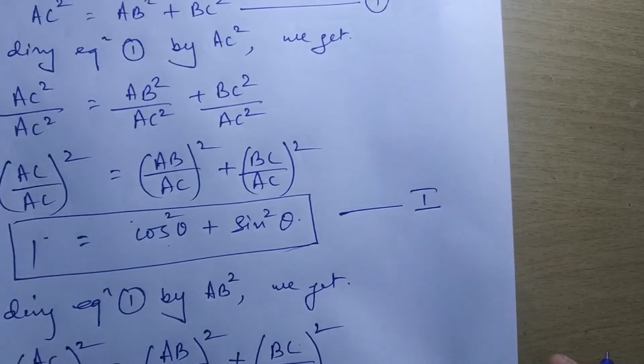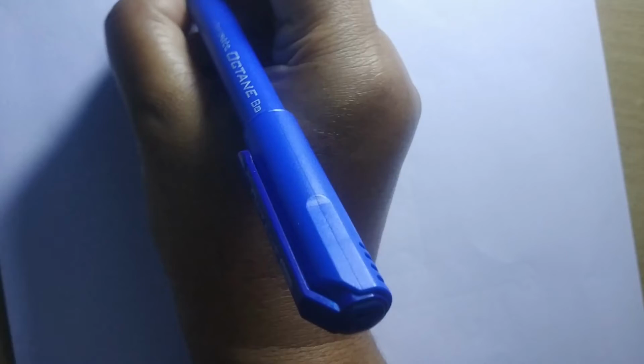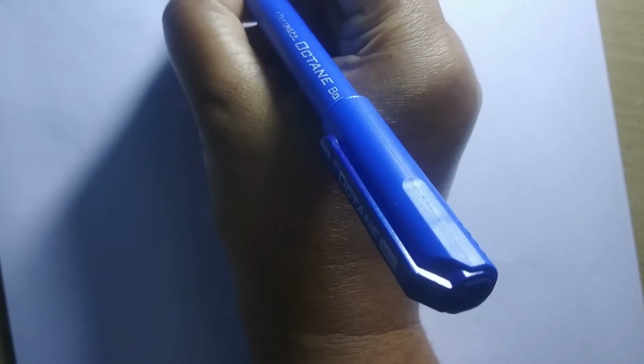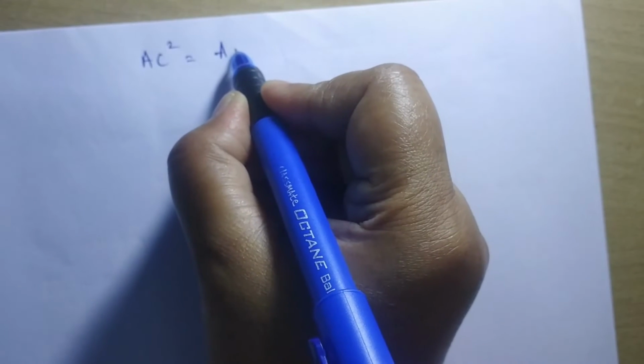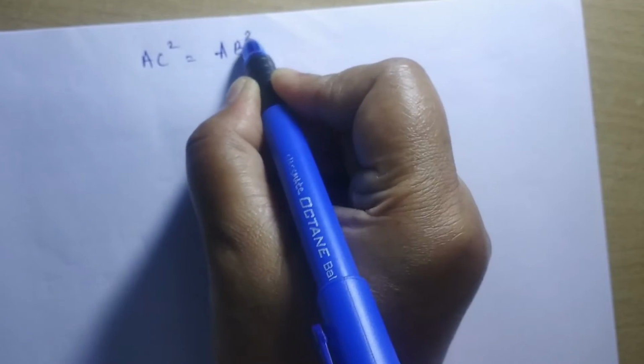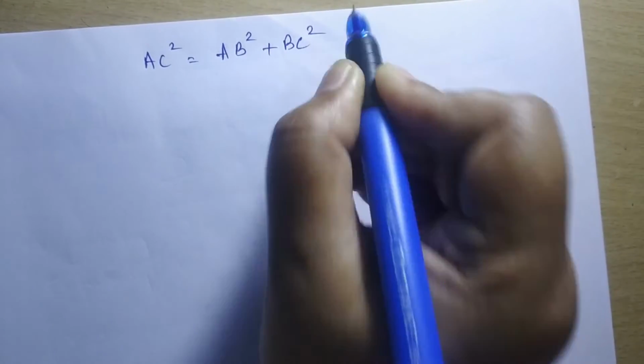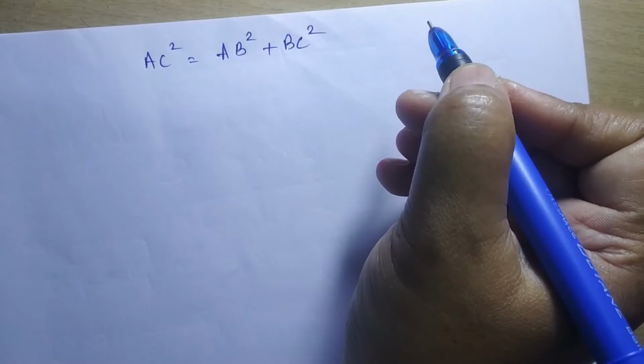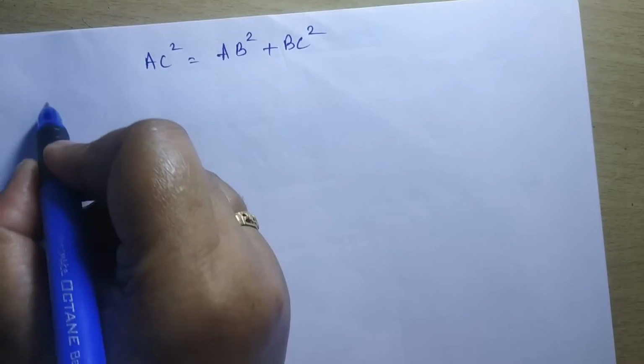Now I go to the third identity. For getting the third identity, I go to the same equation. Let me write that equation once again so that it will be easier for us. AC square is equal to AB square plus BC square. Now what do I do?